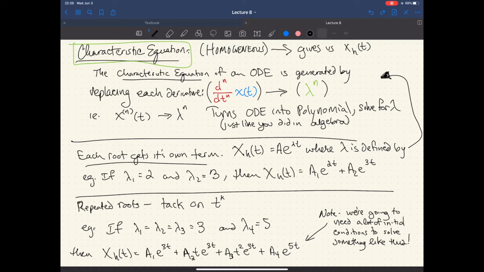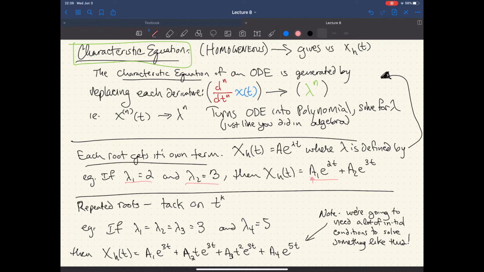Here's an example here. If lambda 1 is equal to 2 and lambda 2 is equal to, say, 3, then my homogeneous solution, all put together, is that first lambda. So it's a1. This is not defined yet. It's set by those initial conditions. We'll get to that in a minute. a1 times e to the 2t.